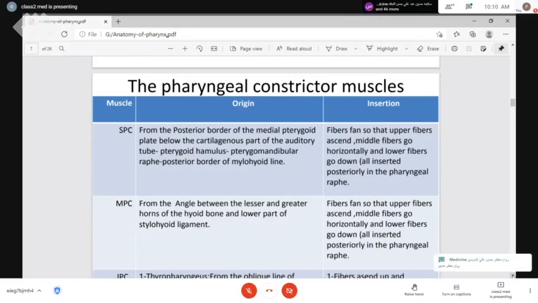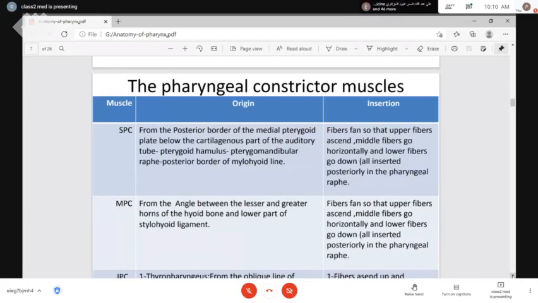The second, the middle pharyngeal constrictor muscle. It originates from the angle between the lesser and greater horns of the hyoid bone and the lower part of the stylohyoid ligament.